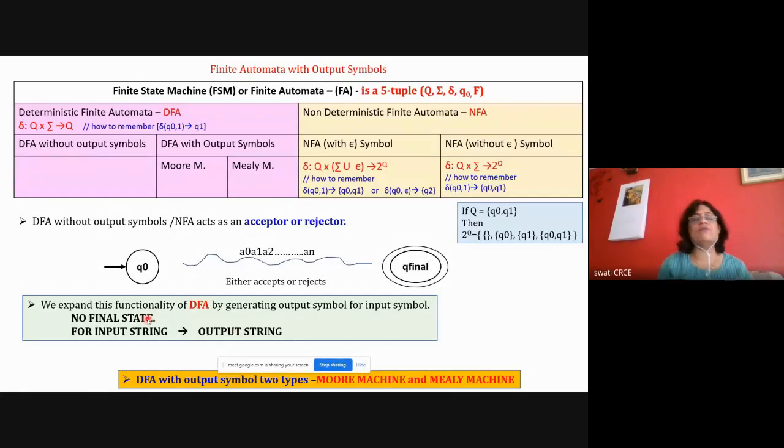Always remember, for Moore machine and Mealy machine, there is no final state, only one initial state. For the input string of symbols, the corresponding output string is generated. So here the machine acts as a generator to generate a new set of symbols, while other machines act as an acceptor or rejector. It is not accepting or rejecting; for every input symbol, it is generating some output symbol.